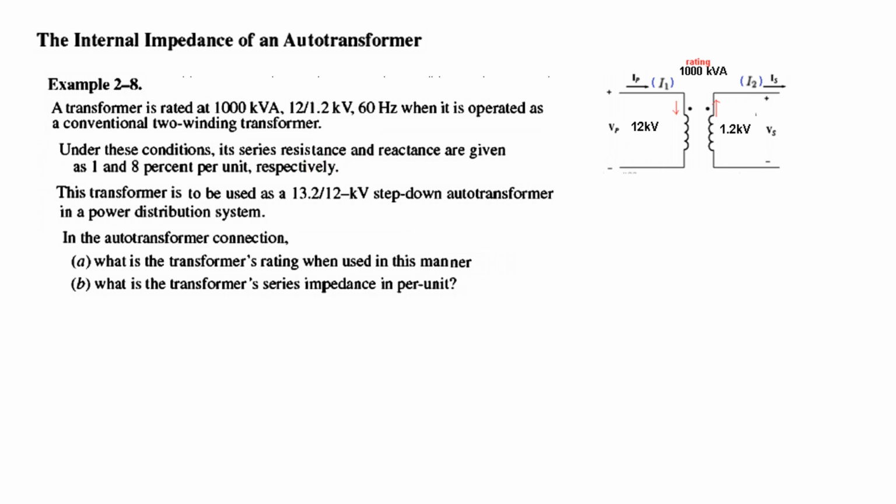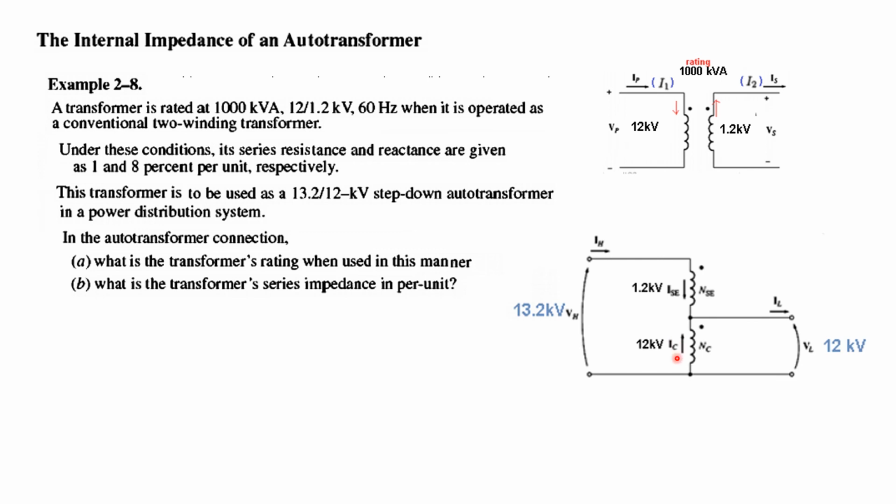This transformer is to be used as a 13.2 kV to 12 kV step down transformer. So we have to connect it like this, and this input voltage will now be 13.2, just the addition of the two, and the output is 12 kV.